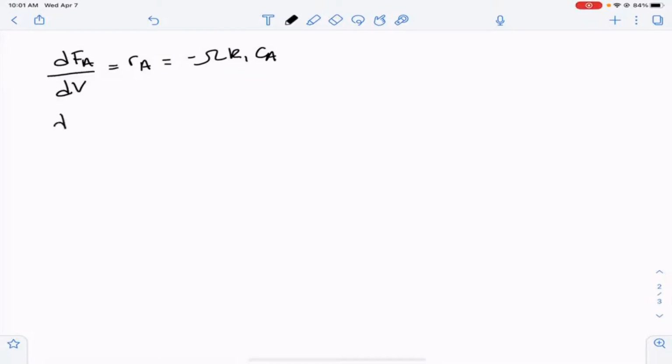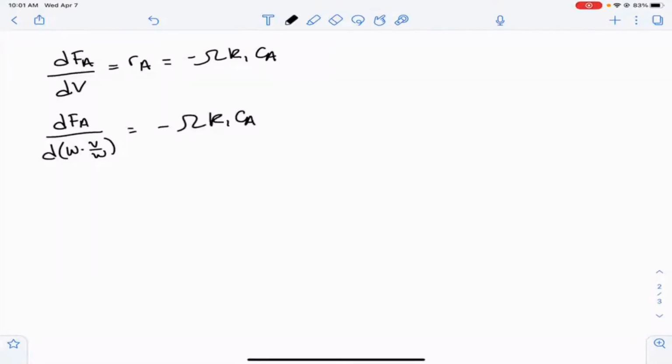And if you remember, this is dFA/dW times the volume over the weight, is equal to minus that stuff on the right-hand side.